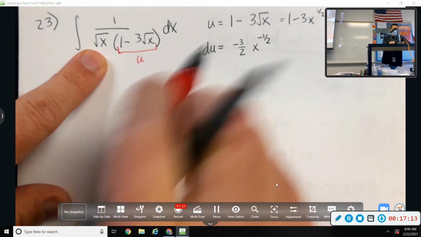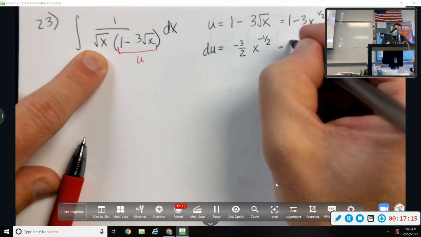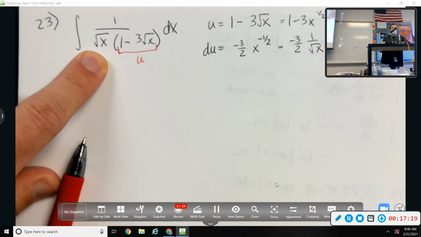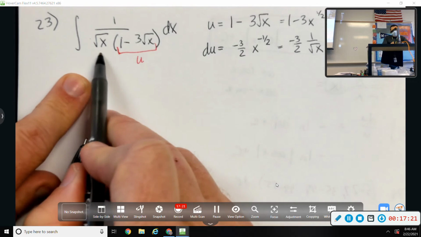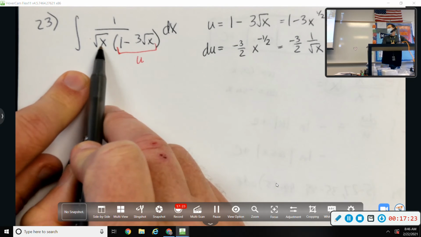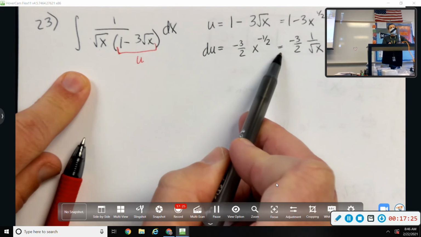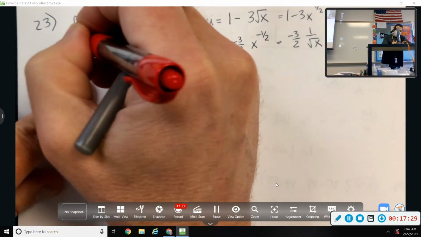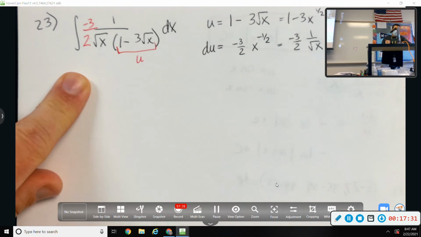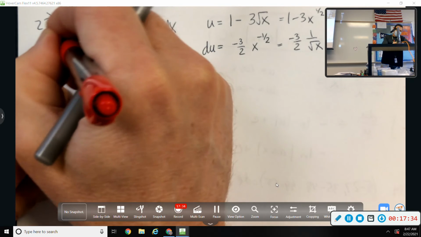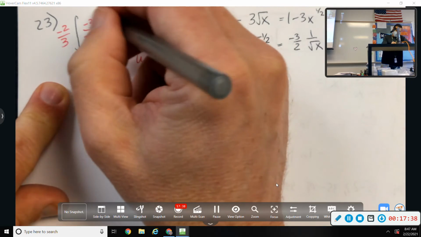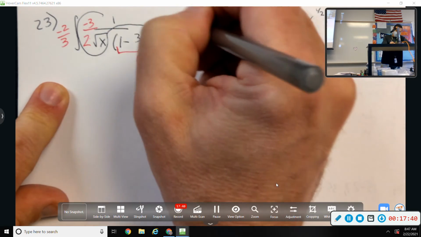That is x to the negative 1/2. Or you could write it the other way and say this is negative 3/2, 1 over the square root of x. So that is part of du. I've got to fix the negative 3/2, but that's the easy part. So negative 3/2 and negative 2/3. And so all of this then is du.